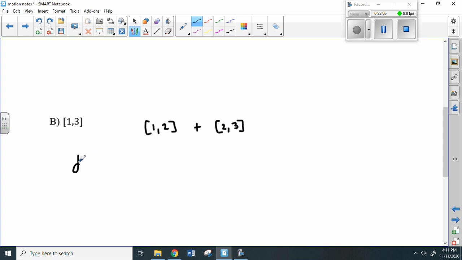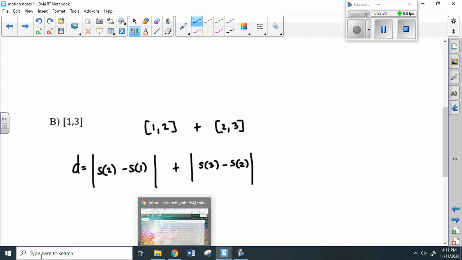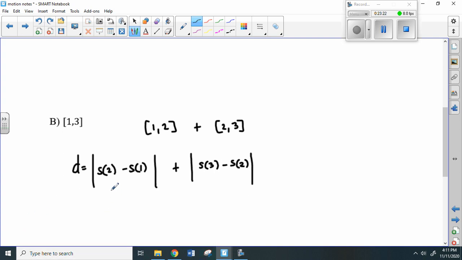And so my total distance is going to come from these two absolute values. Now, some of them we may have worked out, some of them we may not have, but you will want to go back and work them out. And I do encourage you to do that and make sure that you get total distance is 12.